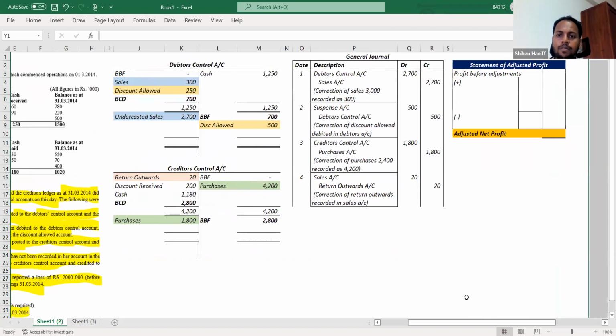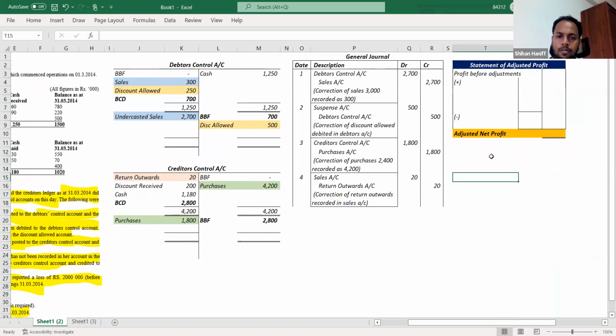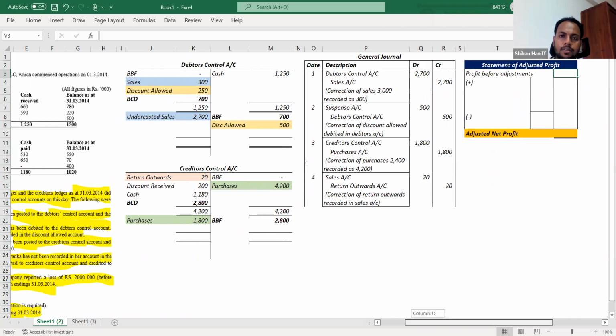Statement of adjusted profit. Now, profit before adjustment is how much?